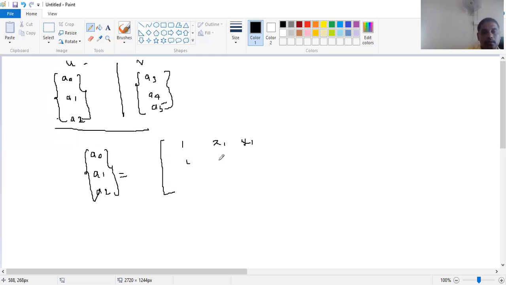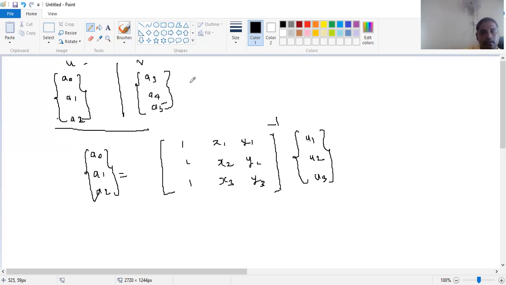Here we get 1, x2, and y2, 1, x3, and y3. So this is the generic form you get. So the inverse of this, and here we get u1, u2, u3. So how did you get this form?